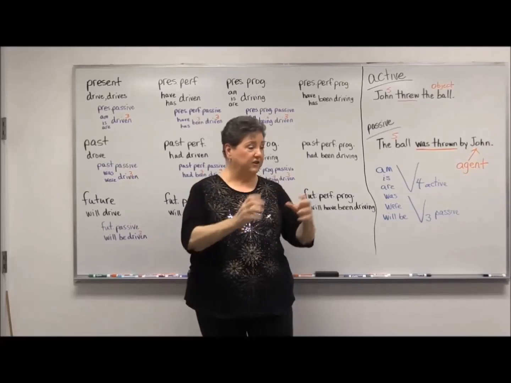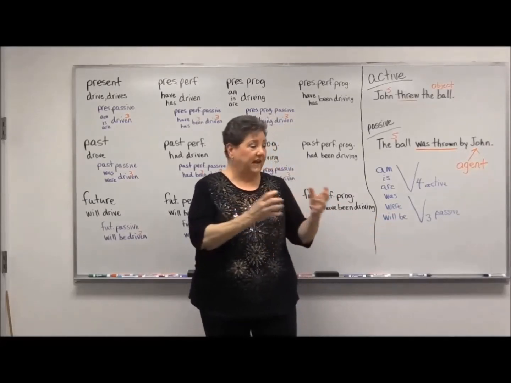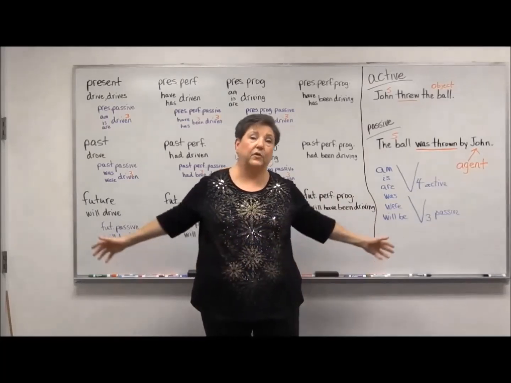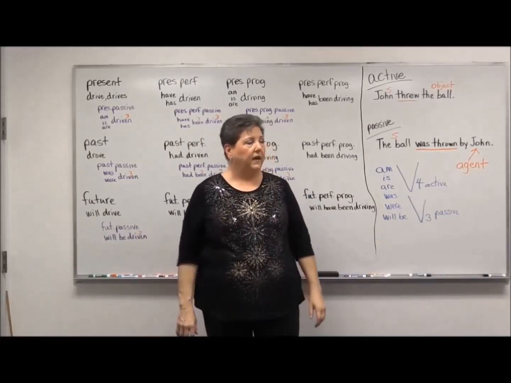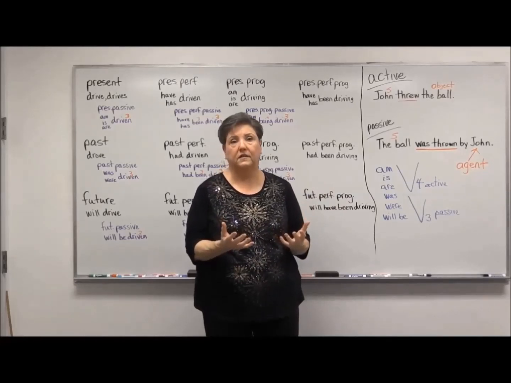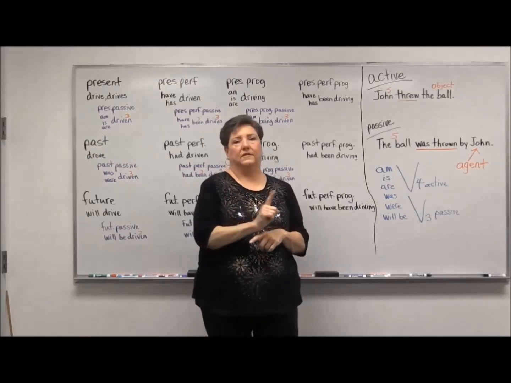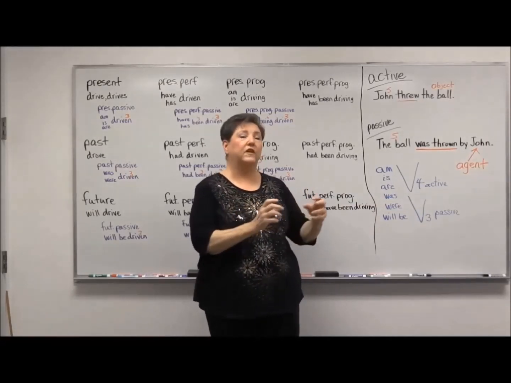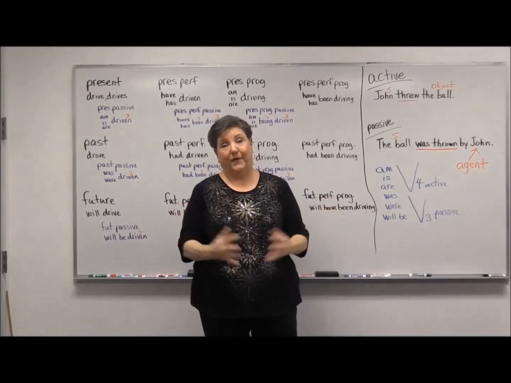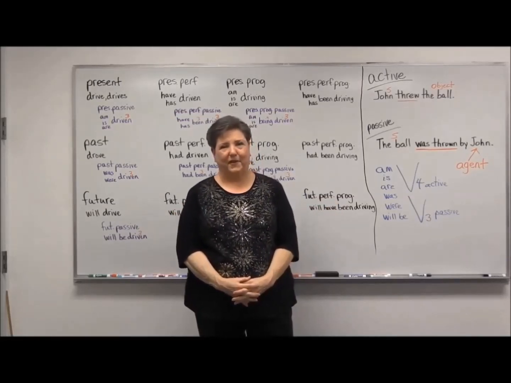Transitive means moving action to an object. So if it's a verb that can take an object and you can make it passive, we call it transitive. If it's a verb like go or come or rise that cannot take an object, we call them intransitive, means not transitive. You can't move the action to an object. Okay? So if you hear those words or see them, you'll understand what they mean.